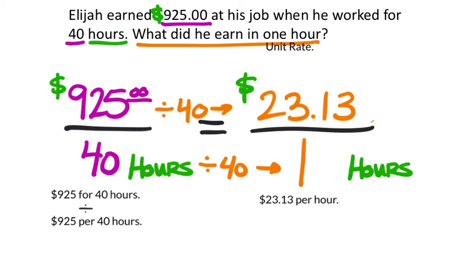And again, the per hour thing here, this indicates per 1 hour. So yeah, we could expand that a little bit more. And we could say, well, $23.13 for every 1 hour. Yeah, both of these are communicating exactly the same thing. They're just said differently, that's it.